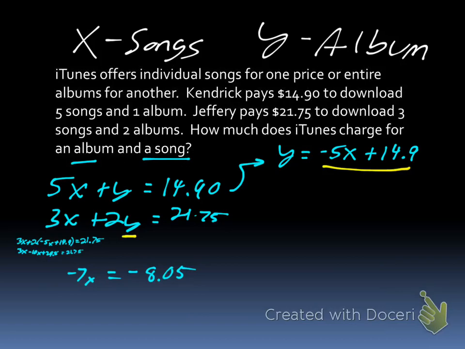So when you have these double negatives, let's say one of them you forgot about, and then when you divide by the negative 7, you get a negative number as an answer, you should know right away that you messed up someplace. It may be just small like that, but that should be a red flag going off in your head that you made a mistake somewhere, because I can't have a negative amount of songs. So just be aware of that.